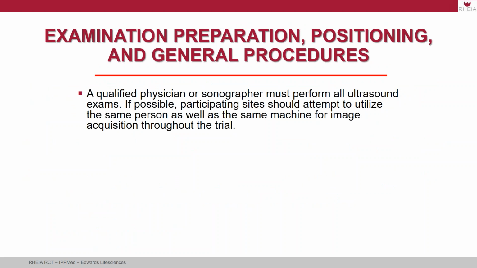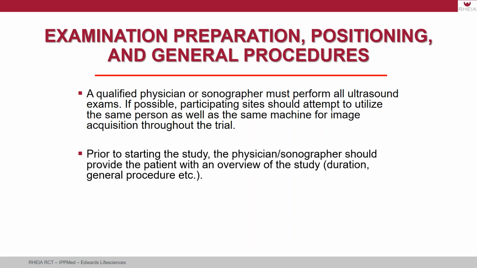Ideally, a qualified physician or sonographer, and ideally the same group needs to do the echoes to minimize interoperability variability. So if throughout the trial you can use the same group of people, sonographer, cardiologist, and also the same type of machine or same machine to do the echoes in the trial, that would be very much appreciated.